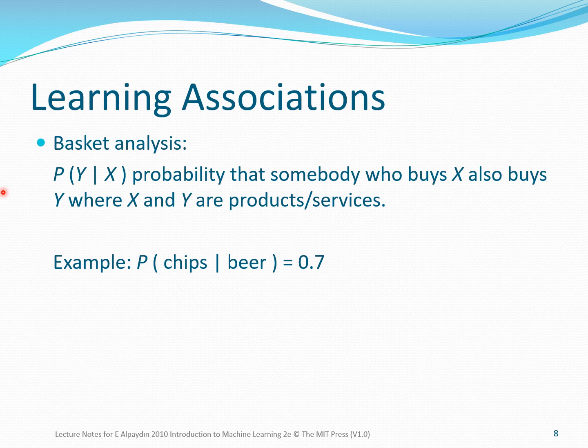Let us say, going over our data that has been calculated, here is an example. P of beer given chips is equal to 0.7. Then we can define the rule, that is, 70% of customers who buy chips also buy beer.